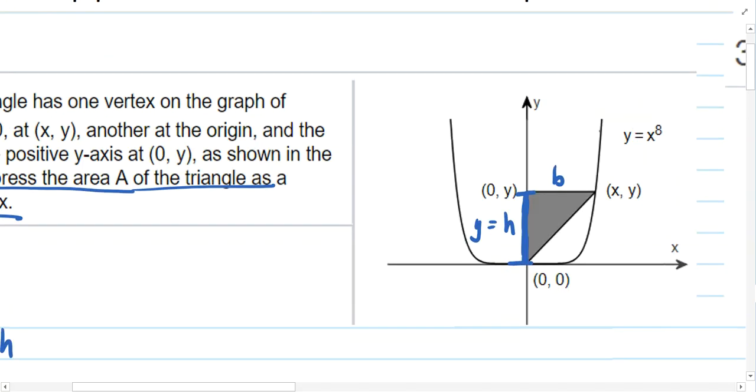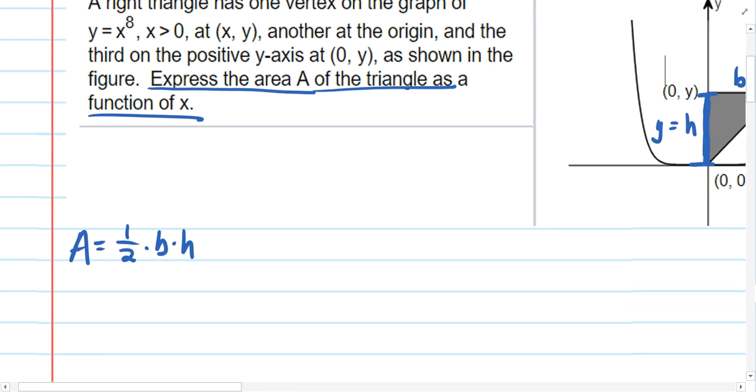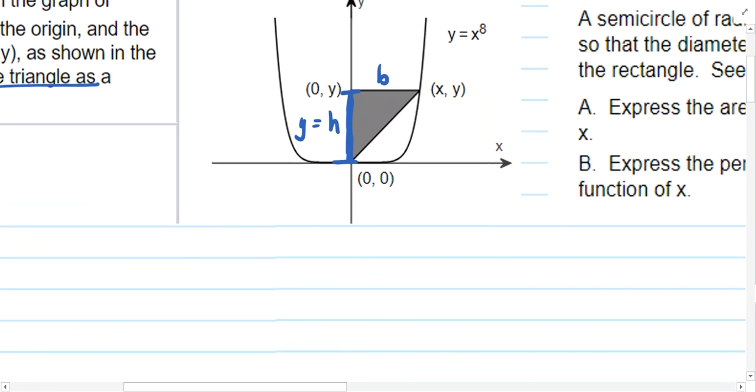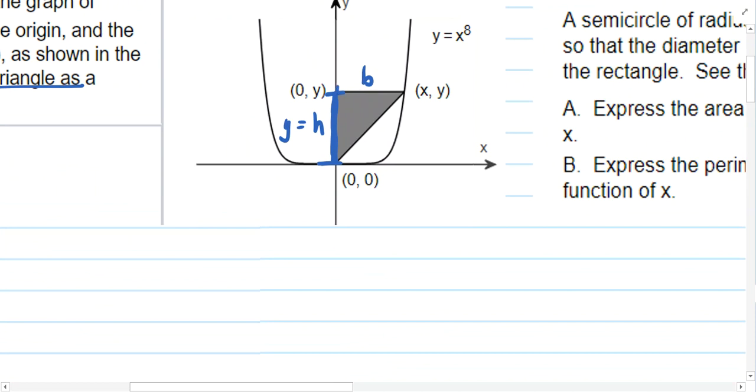Even if we were dealing with a triangle over here in this shape, the height of that triangle would be equal to this y component, or the y coordinate. So in this formula over here, we can say that area is equal to 1/2 times the base, which we'll talk about in a second, times y.